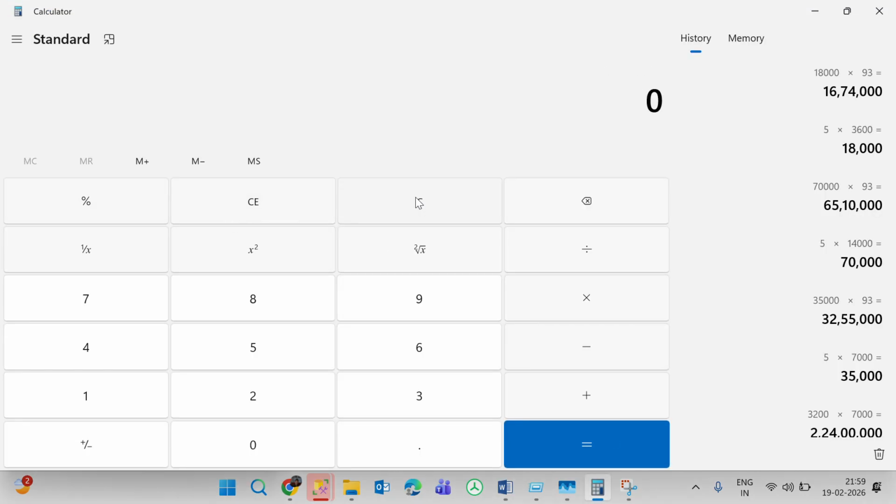If I calculate here, 6,400 into 2 equals 12,800 cores.